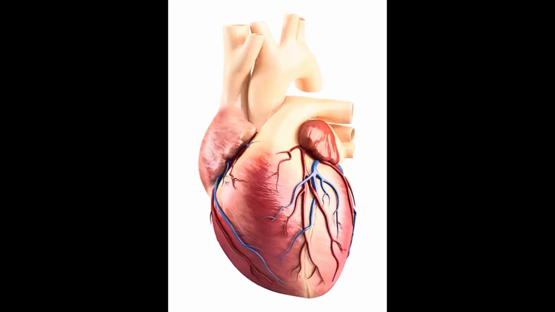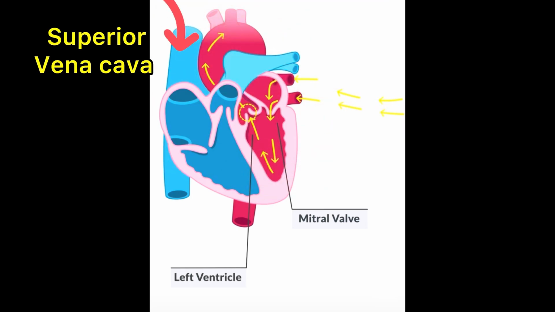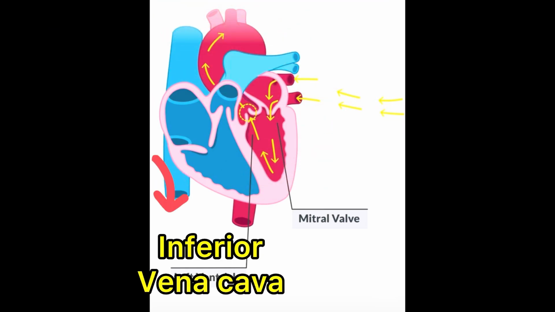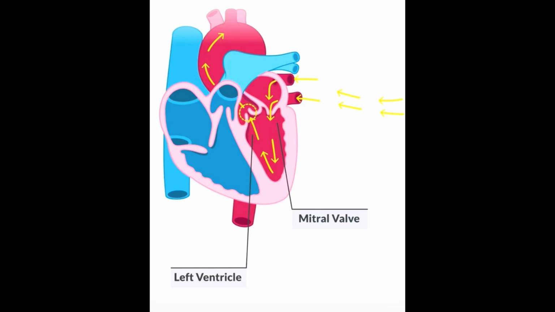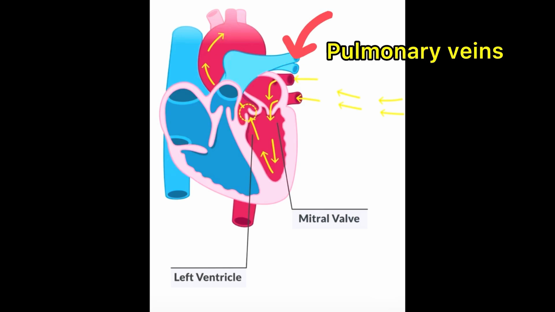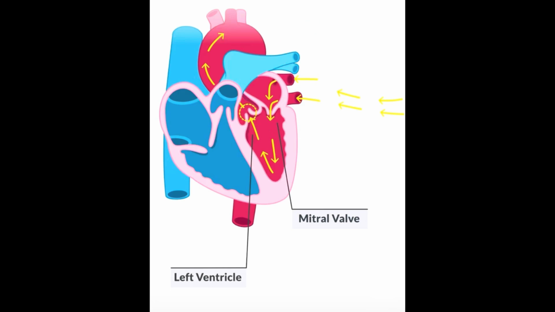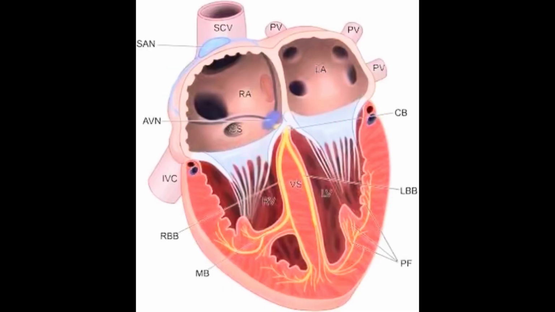Aorta's systemic arc is divisible into three regions: ascending aorta, systemic arc, and descending aorta. You can observe it in a diagram. The right atrium receives superior and inferior vena cava along its dorsal surface, and pulmonary veins open into left atrium along the dorsal surface of the heart.